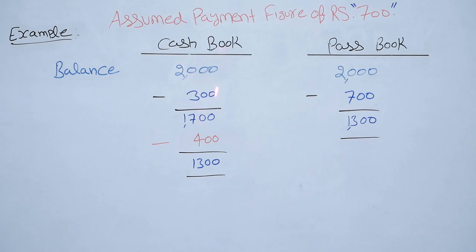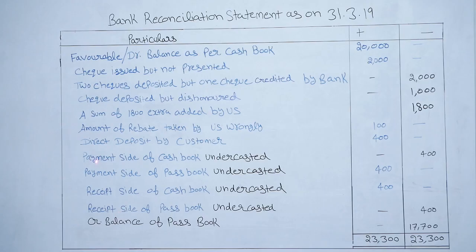As per cash book, balance is 1700. As per passbook, balance is 1300. But we have to follow passbook balance. We will make 1700 to 1300 by deducting 400 rupees from 1700. Therefore, we will deduct 400 rupees. Payment side of cash book undercasted. It will come in the minus items.